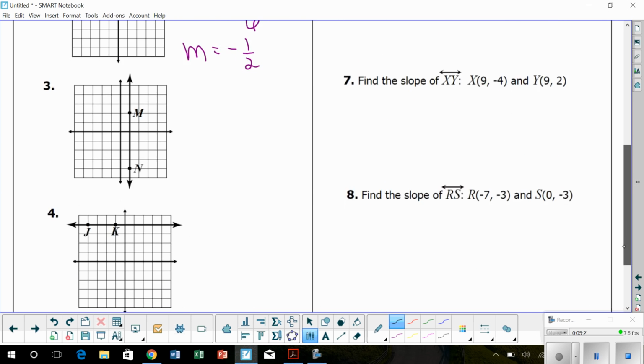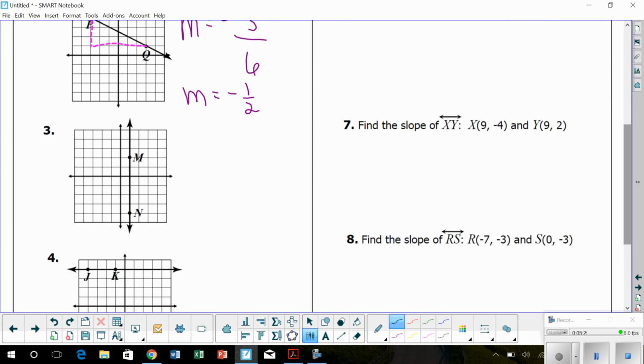Let's look at number 7. M equals 2 minus -4, all over 9 minus 9. Those will turn into positives, so we get 6 over 0.